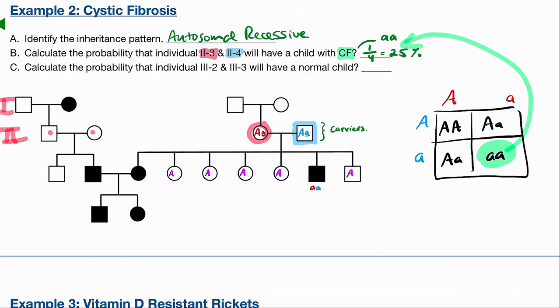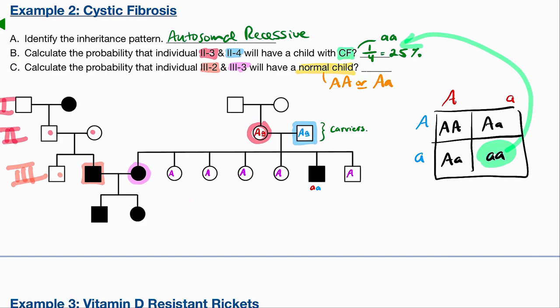Next question. What is the probability that individual 3, 2, so this is generation 3, 1, 2, so that's this person here, 3, 2, and 3, 3, that's this person here, will have a normal child. Okay, so for this one, a normal child would be a big A, or a big A, little a.